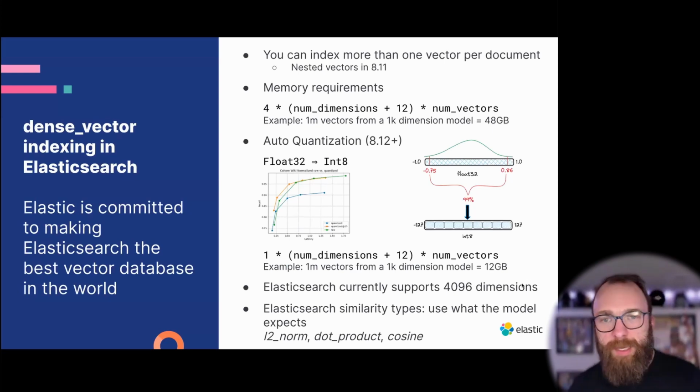So a lot of ways you can structure your data in Elastic as the vector data store. As of 8.11, you can store multiple passages in one document in the nested vector. Again, that Wikipedia article that's, let's say, 10 chunks long, we break it into 10 passages.